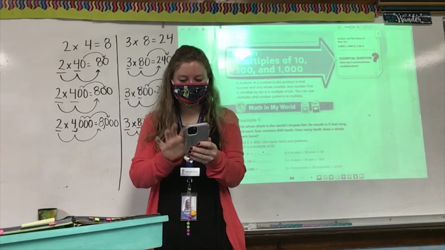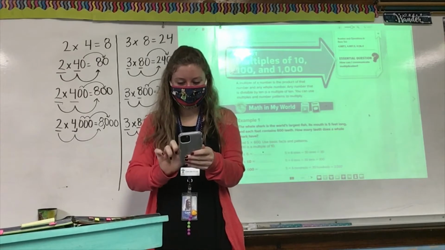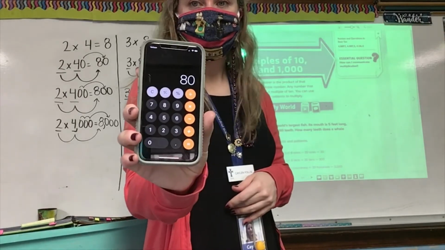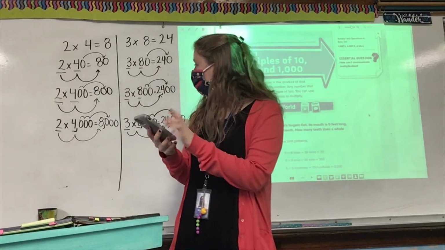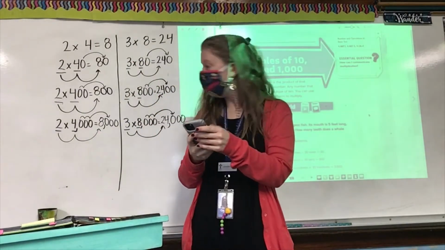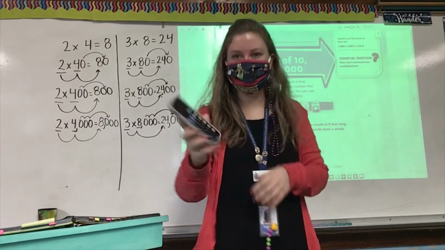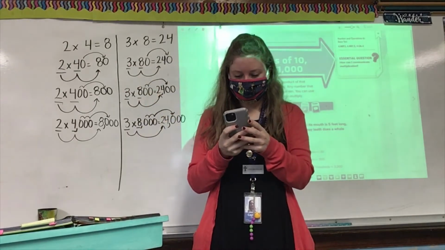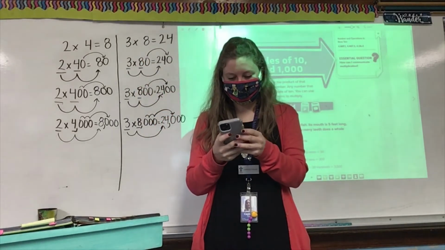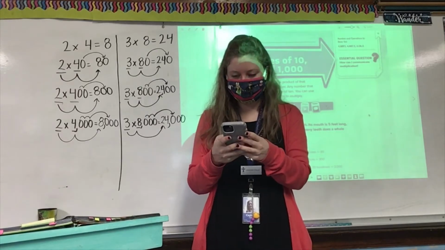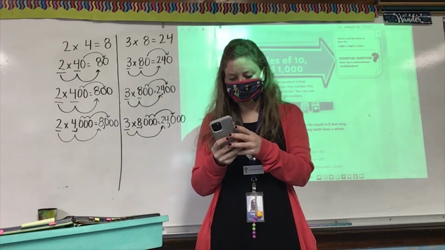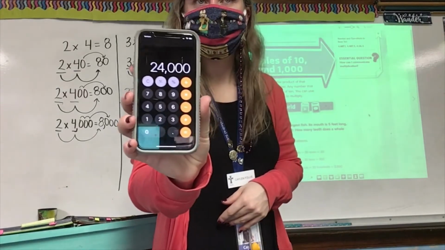I'm going to check with a calculator because I want to get to our lesson. We have 2 times 40 equals 80. 3 times 80 equals 240. 2 times 400 equals 800. 3 times 800 equals 2,400. 2 times 4,000 equals 8,000. 3 times 8,000 equals 24,000.